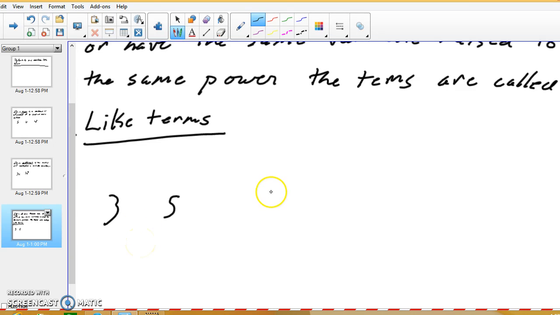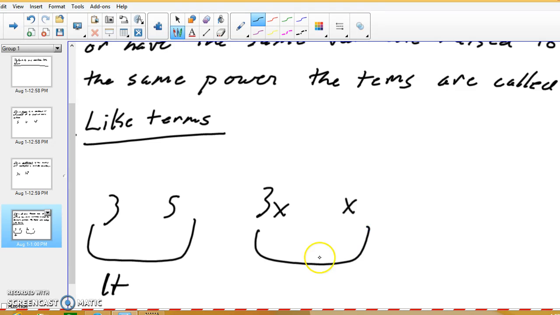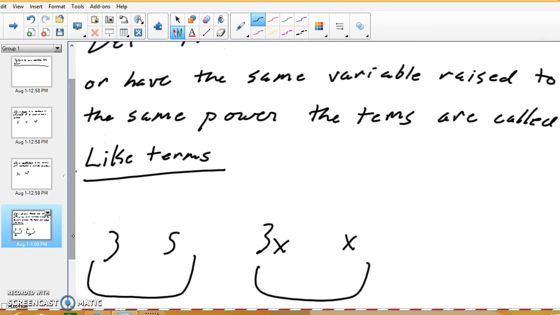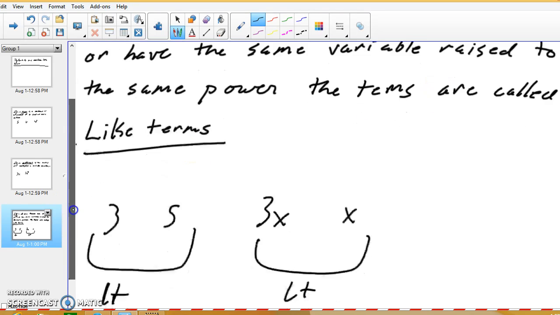Another example of like terms would be, say, 3x and x. These two are like terms because they're the same variable raised to the same power.